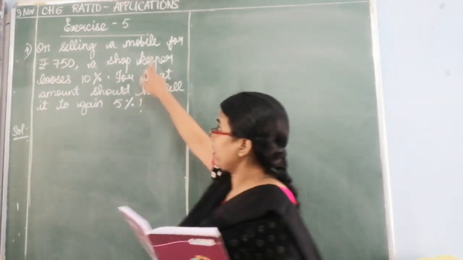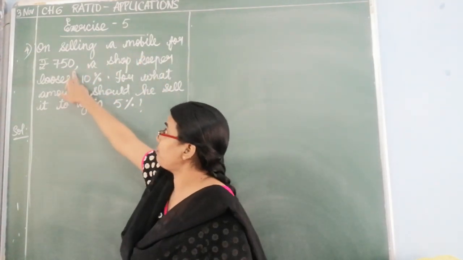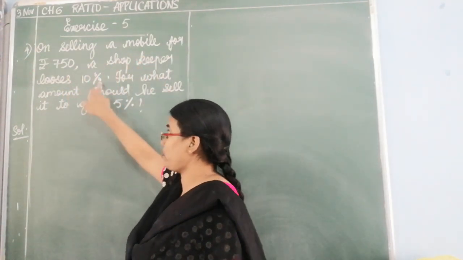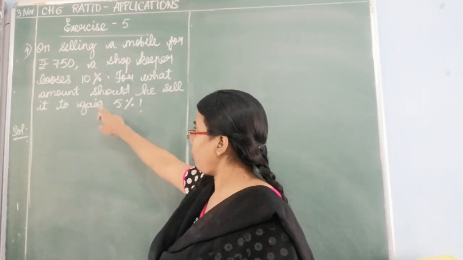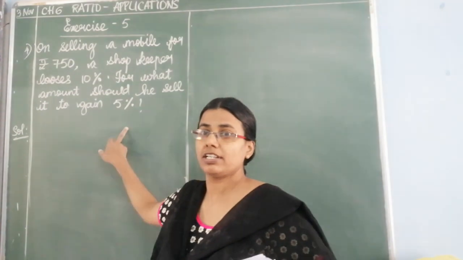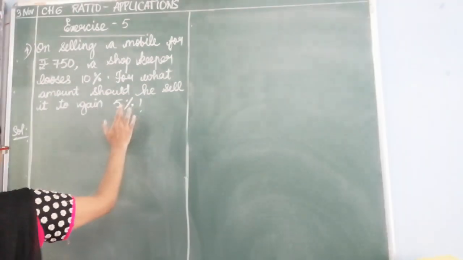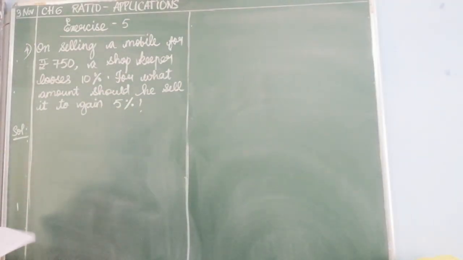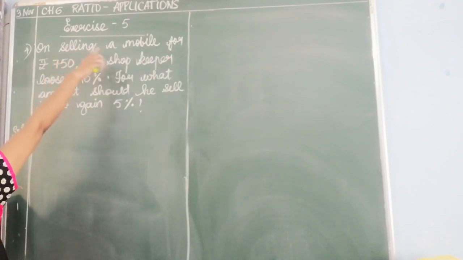Problem. On selling a mobile for rupees 750, a shopkeeper loses 10%. For what amount should he sell it to gain 5%? Gain 5%. So for profit, if he wants to sell, how much should he sell the mobile for? So this is nothing but selling the mobile.